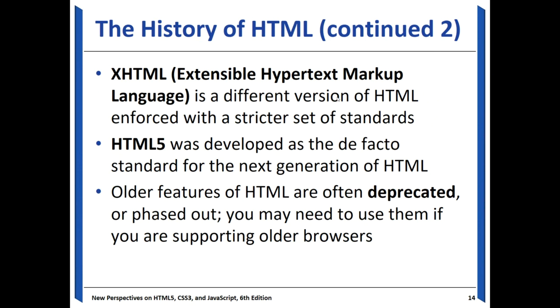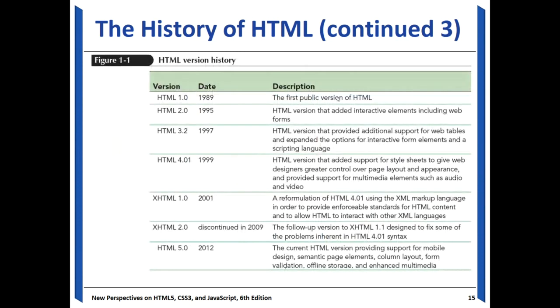And if you've had any experience with HTML in the past, some of those features may be deprecated or phased out. HTML5 itself, though, sometimes they will say this certain tag is deprecated, and then later on say, well, okay, we still need it. Let's put it back. We see a history of HTML here of when it was developed and the descriptions for this.